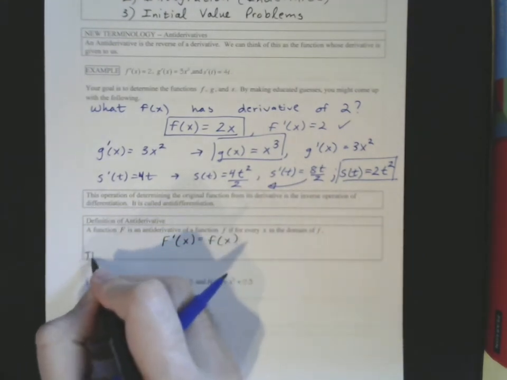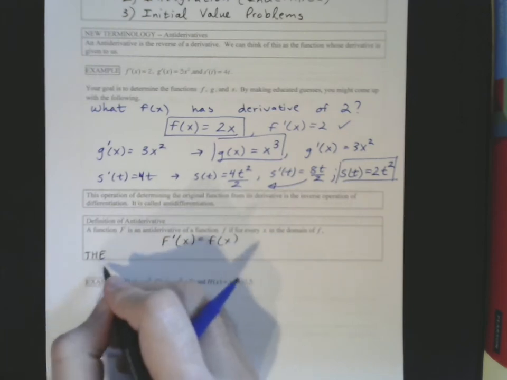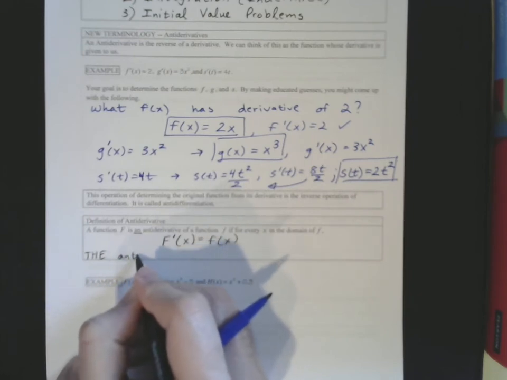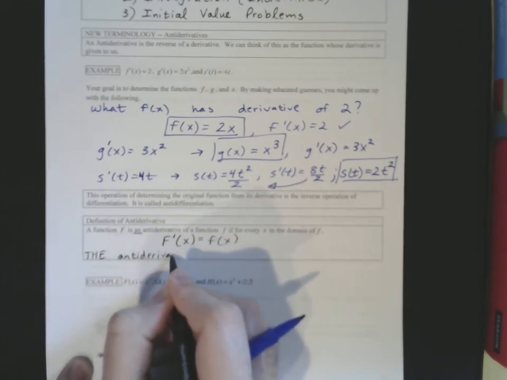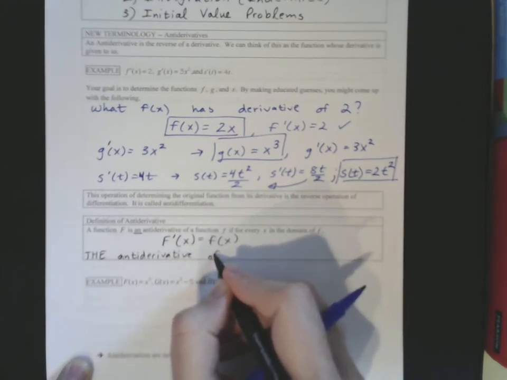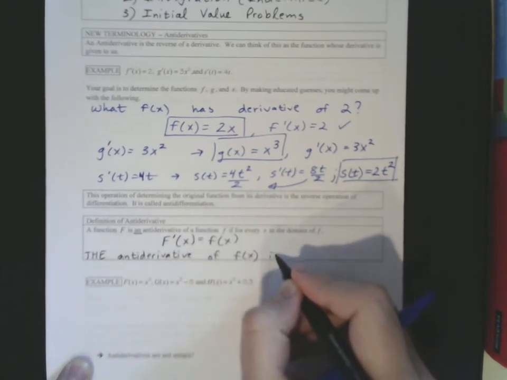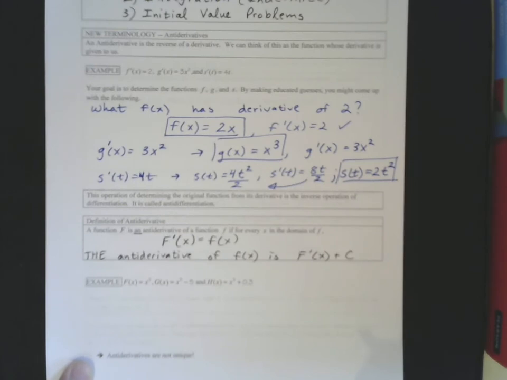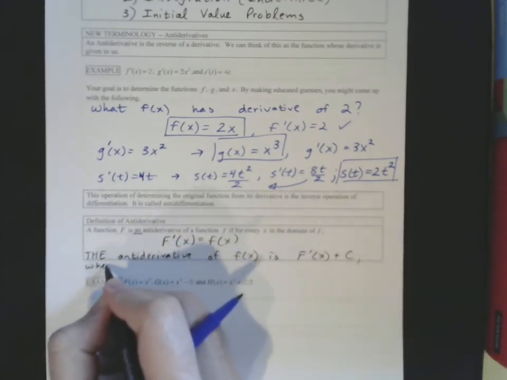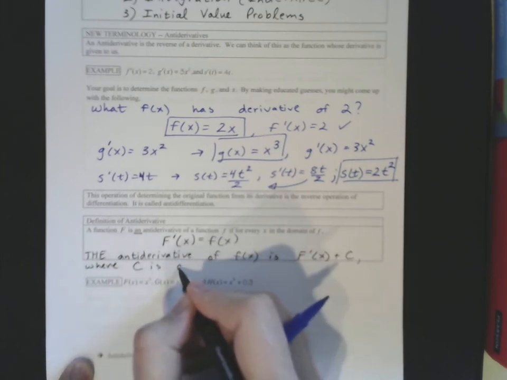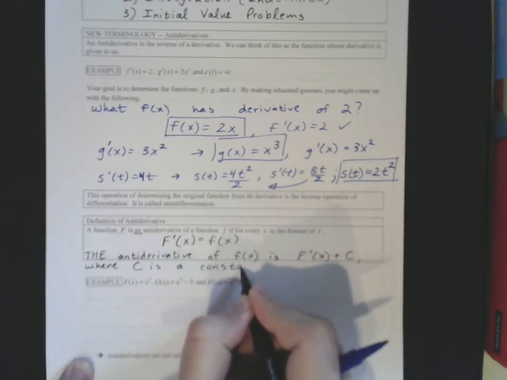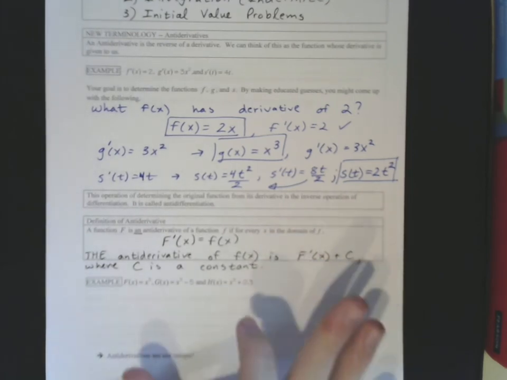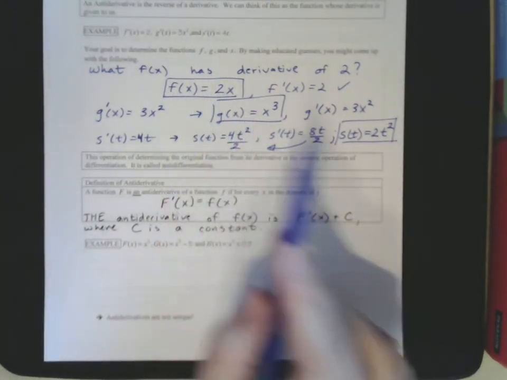Notice that this is an antiderivative here, but the antiderivative of f of x is F of x plus some constant, where c is a constant. And the reason for that is the reason why these aren't the only 3 answers in this example.